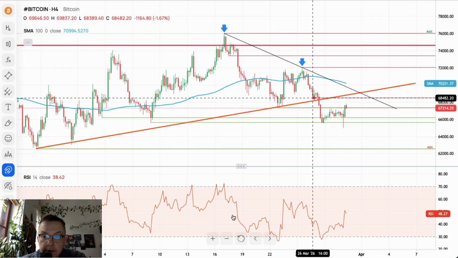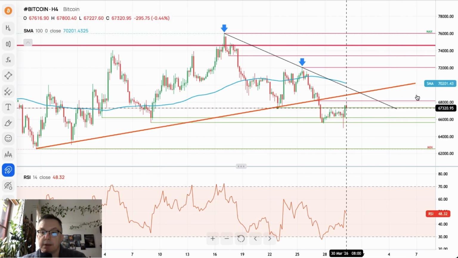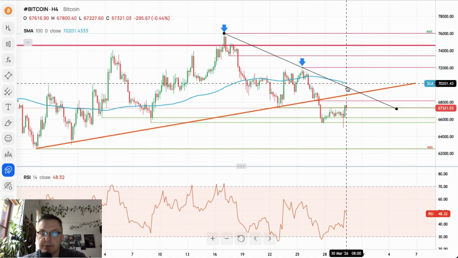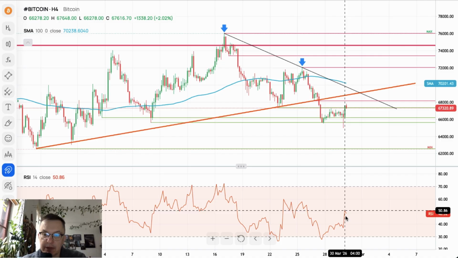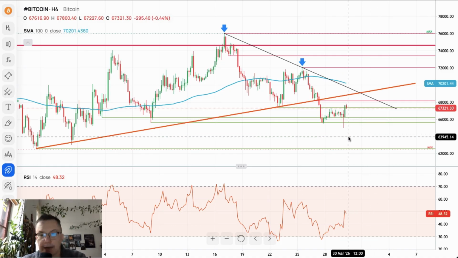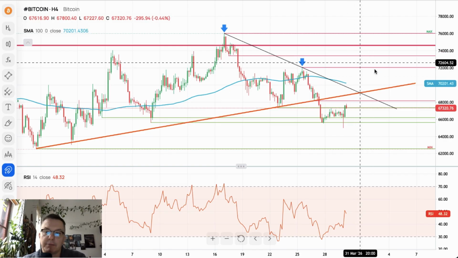Oh, no. This level here, 68,152. This level needs to be violated. Trend line needs to be violated. Black trend line needs to be violated. But that's going to be very difficult, and it will require a lot of momentum. If there is no momentum, especially positive momentum to the upside, there is no delta. Forget about Bitcoin moving anywhere close to $70,000 or above.